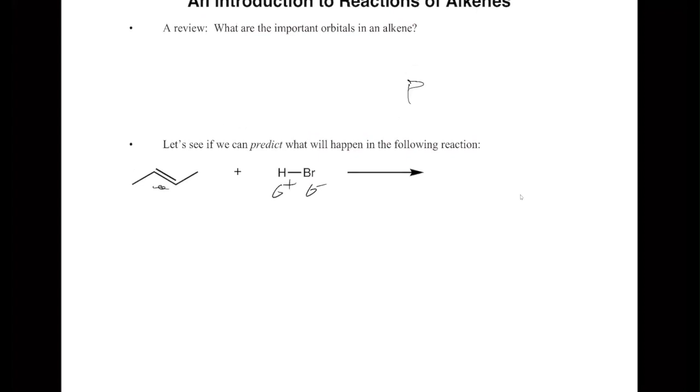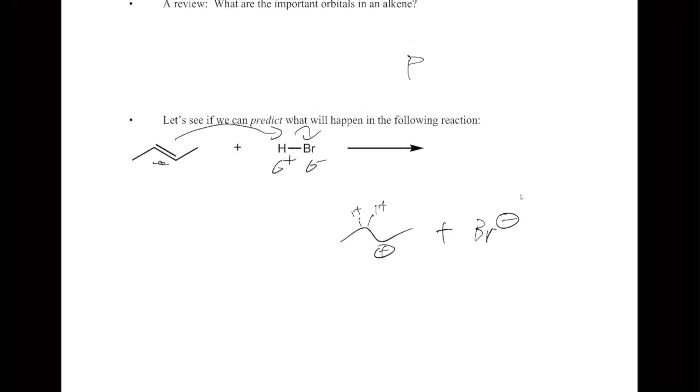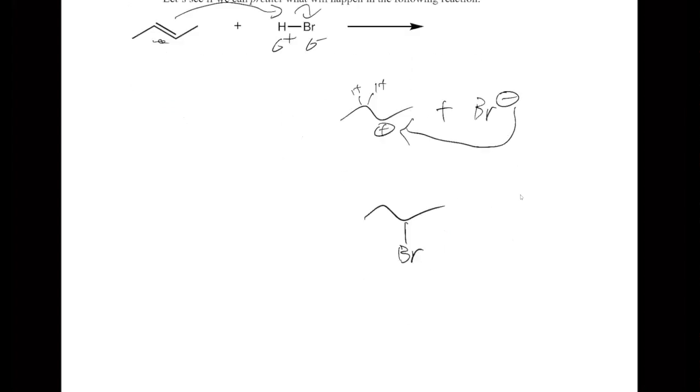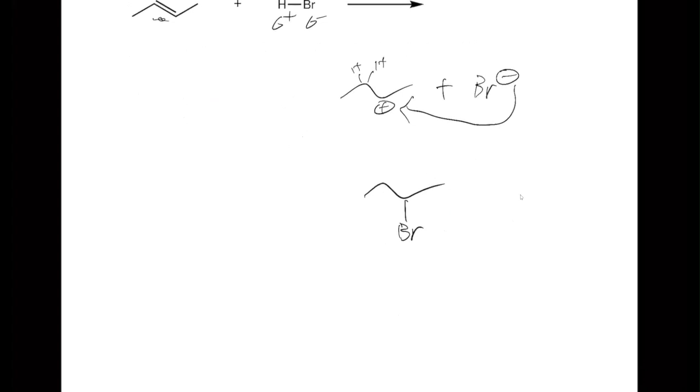So what happens is the electron rich part attacks the hydrogen, leaving the bromide, which gives us something like this: H, a positive charge, plus Br minus. And since one is positive and the other is negative, it's natural for them to bind together and give us something like this. Yeah, it's pretty straightforward.